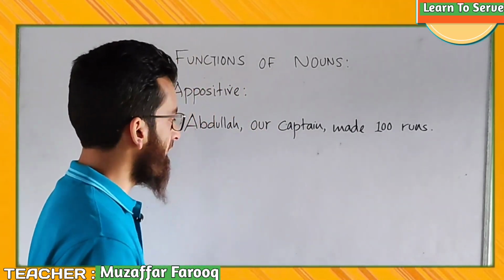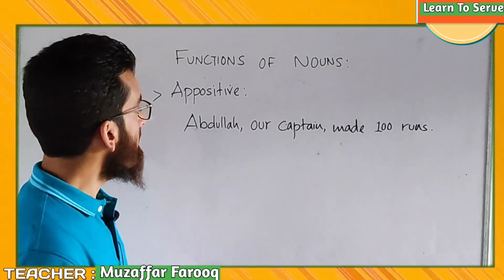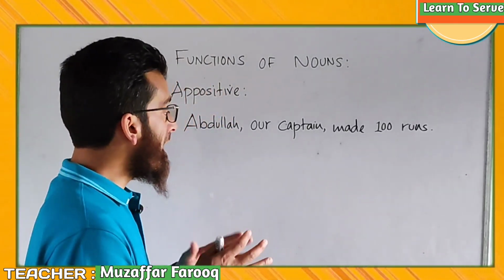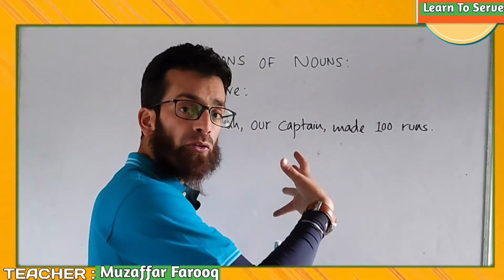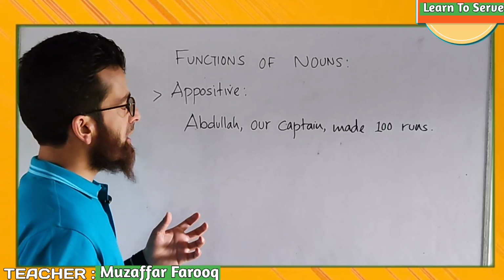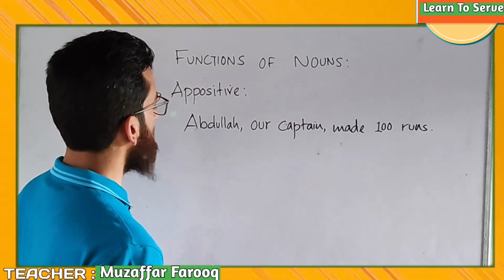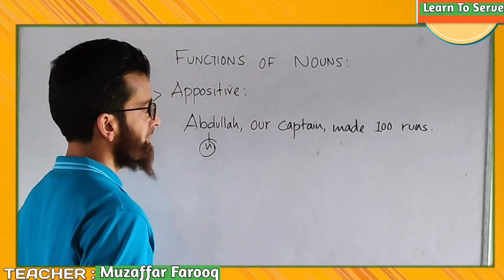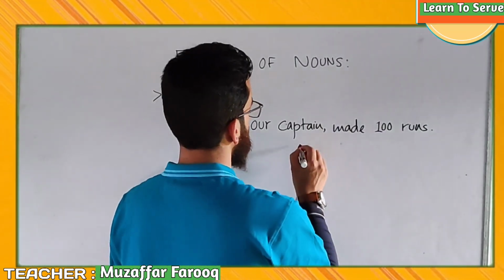But there is one thing we have to understand: when we call a noun in apposition, it is a noun in apposition to another noun. So here the proper noun is Abdullah, noun 1. We have noun 2.